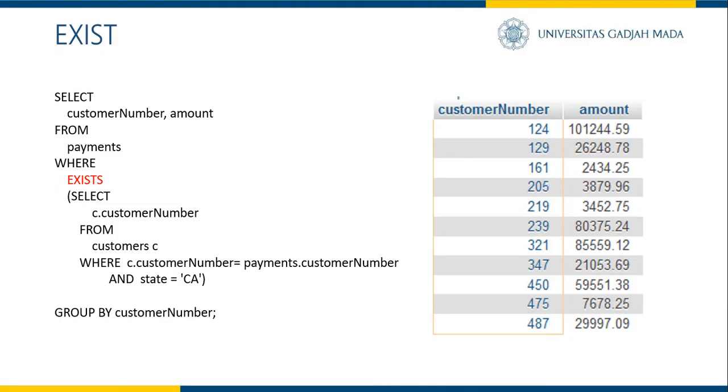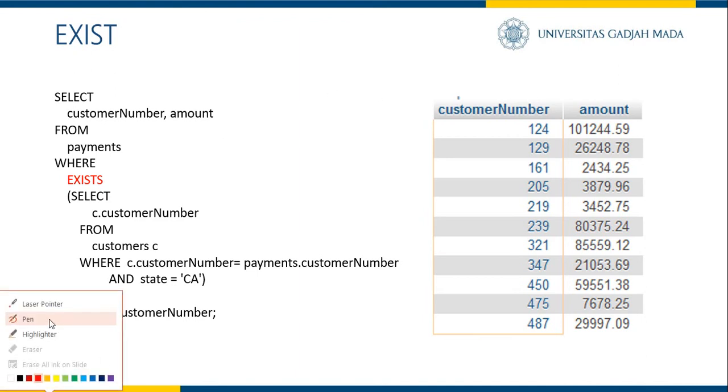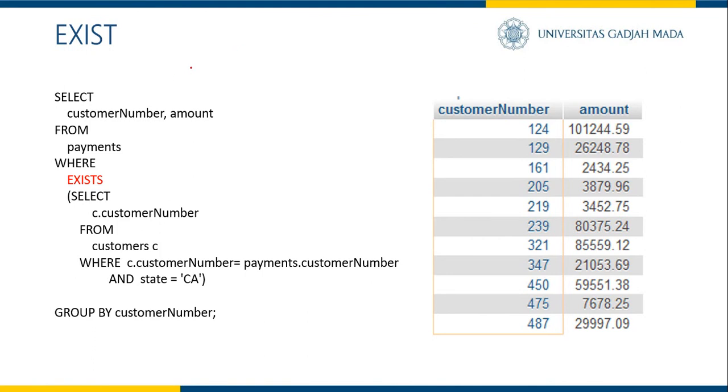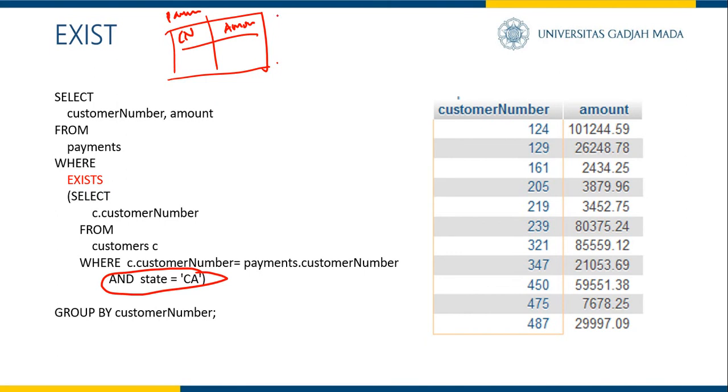Last is EXISTS and NOT EXISTS. So in this example, we are going to select the customer number as well as the amount from the payments table, but specifically for the customers that are from California.